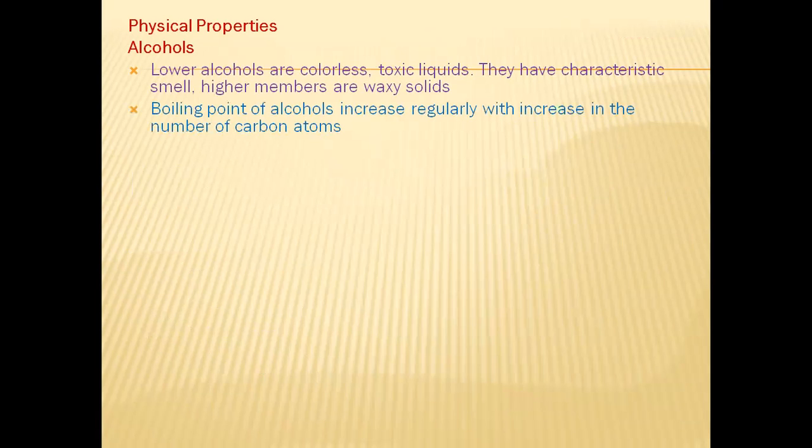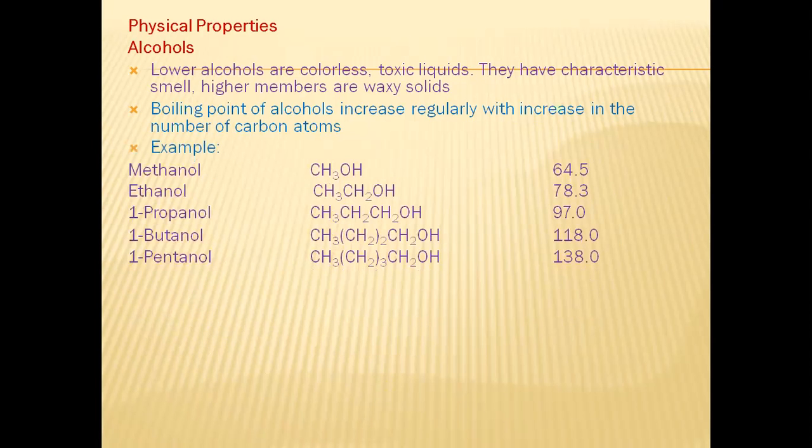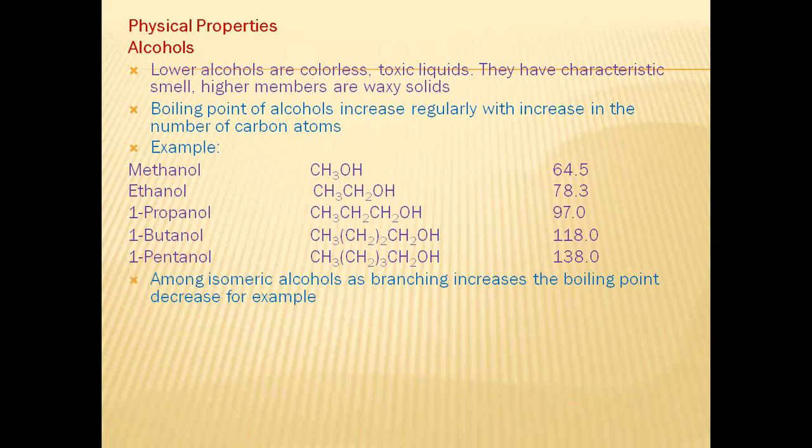Boiling point increases regularly with the number of carbon atoms. Some examples are mentioned here. Among isomeric alcohols, as branching increases, the boiling point decreases.